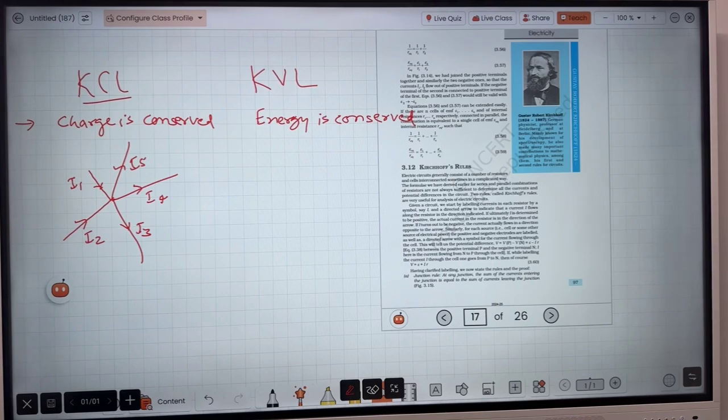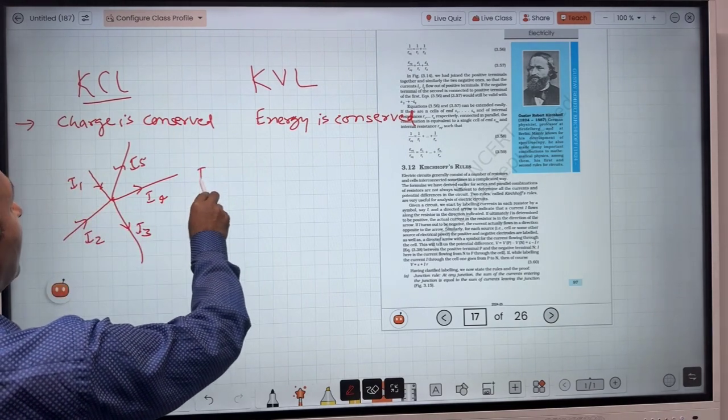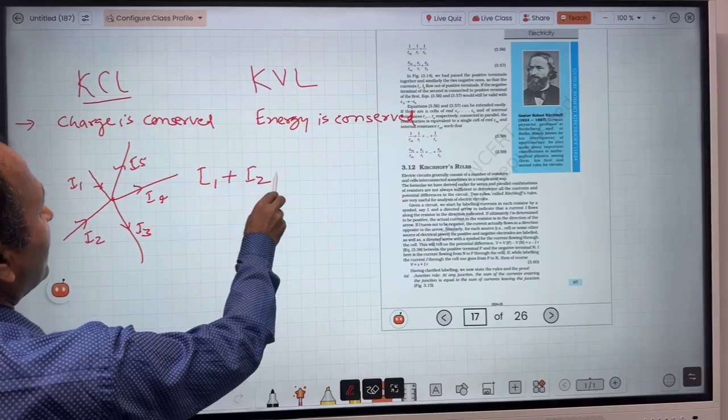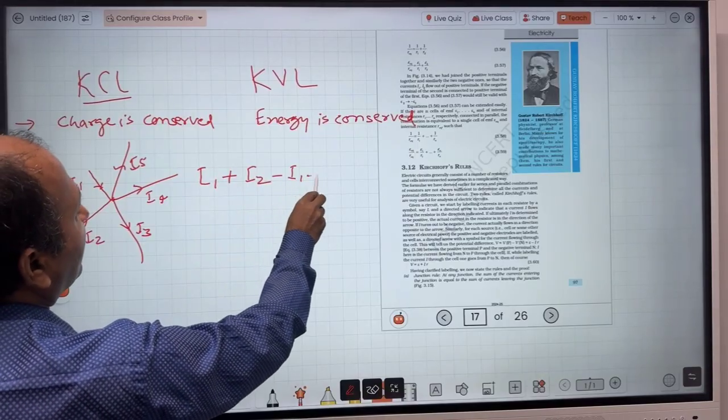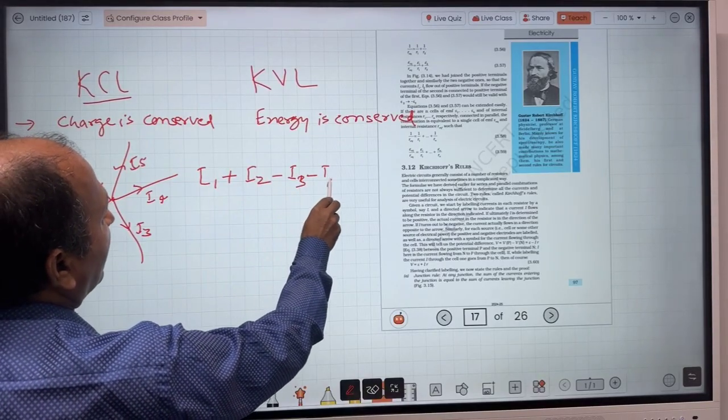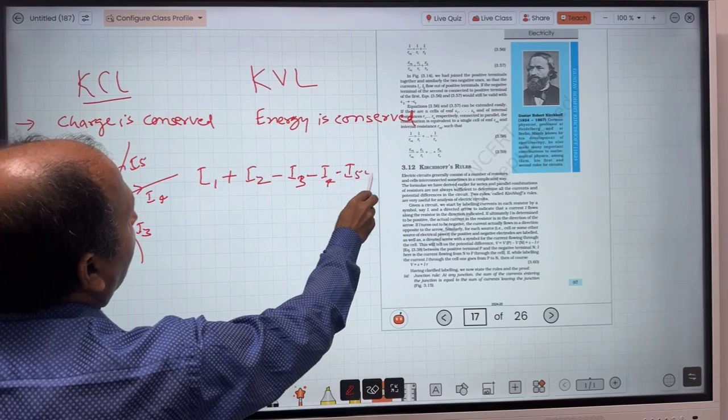What does this mean? Why do we use the word algebraic here? The logic is very simple. If we take incoming currents as positive, then outgoing currents will be negative. So their sum will be 0. So you can write I1 plus I2 minus I3 minus I4 minus I5 equal to 0.